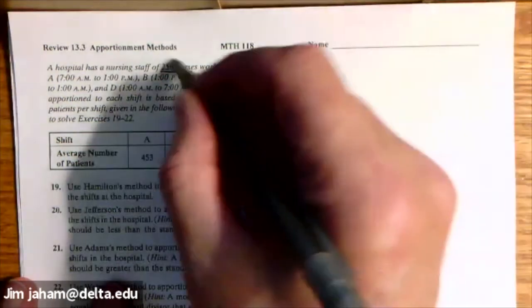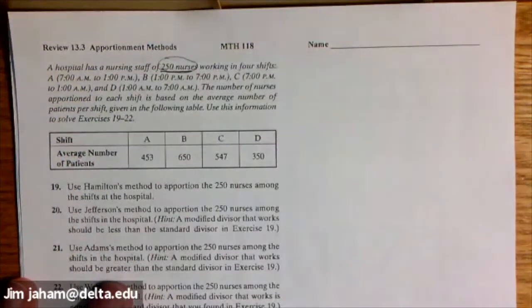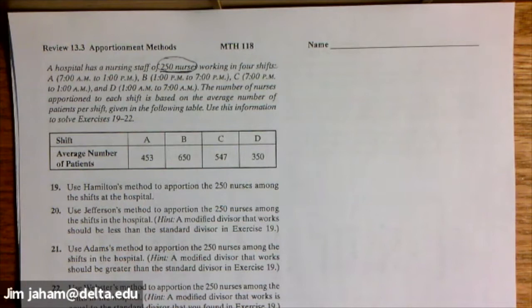So we have 250 nurses. This is the equivalent of having 250 representatives or 250 electoral college votes that we have to divide in a meaningful way into the shifts.